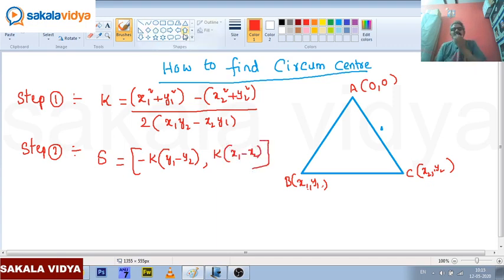First let me explain what the circumcenter is. What does the circumcenter mean? For example, the perpendicular bisector of BC, the perpendicular bisector of CA, and the perpendicular bisector of AB.